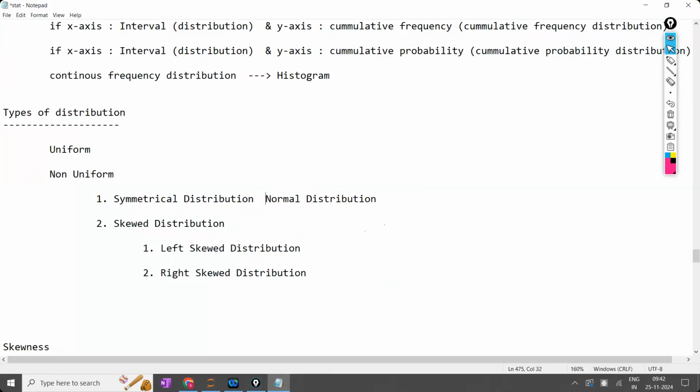Second one is called non-symmetrical or unsymmetrical distribution. Symmetrical distribution, another name is normal distribution. Unsymmetrical distribution, another name is skewed distribution.